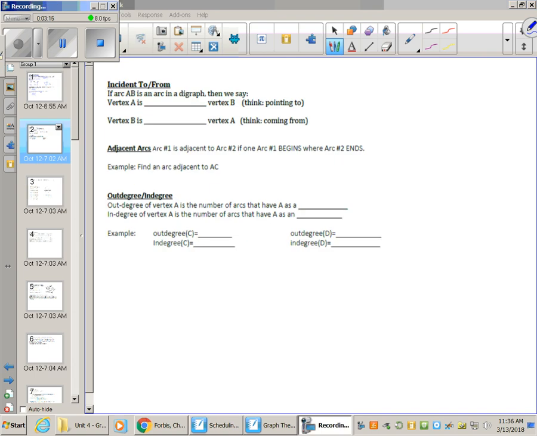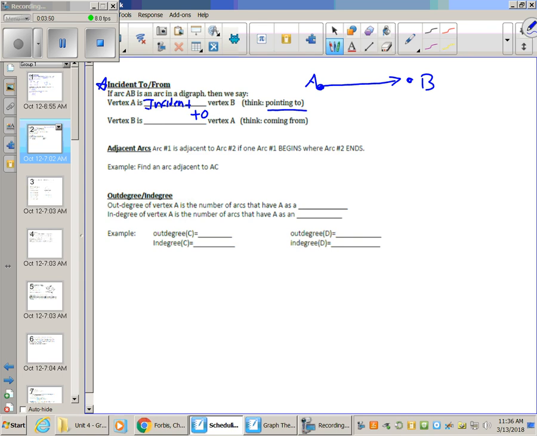Here are some other definitions that you need to know with directed graphs. I don't usually use this one right here, incident to and from. I don't use that terminology when I speak, but I have seen it show up on final exam questions, so it's important that you know. Okay, so if I have arc AB in my digraph, then we say that vertex A is incident to vertex B. Think about pointing to.